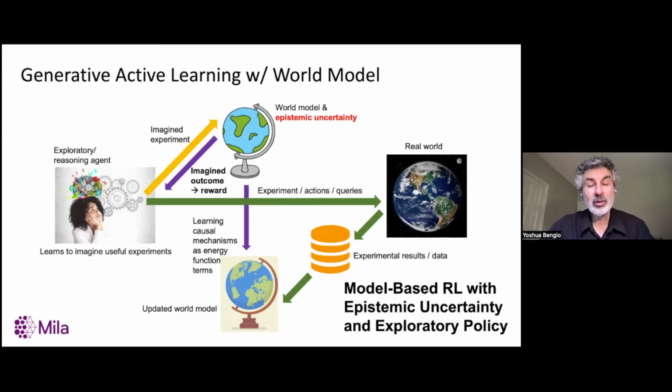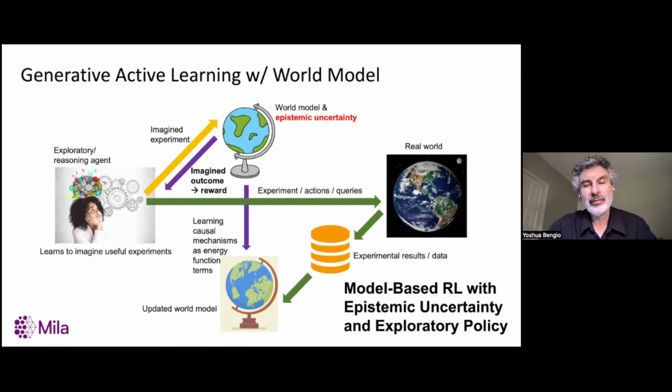All right, so once we have trained that kind of machine learning system that includes epistemic uncertainty, for example, you could be Bayesian about it, that's what I'm going to suggest we should do, then you can train the policy that's going to do the experimental design.